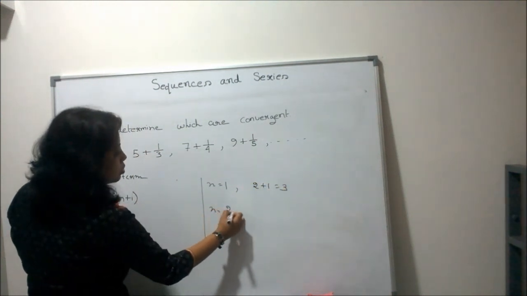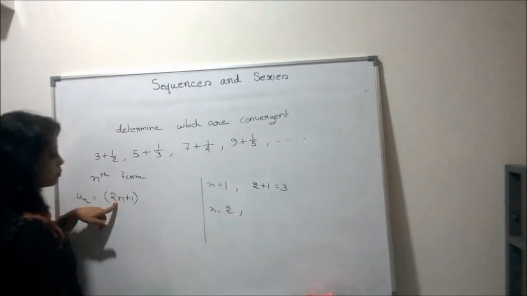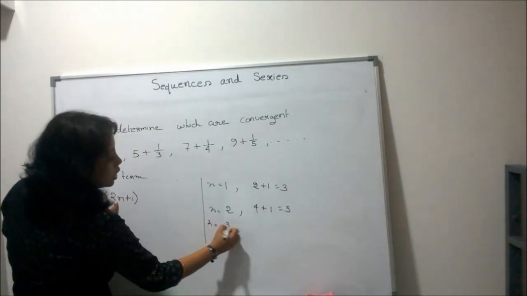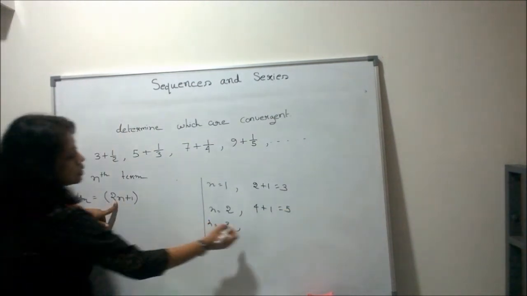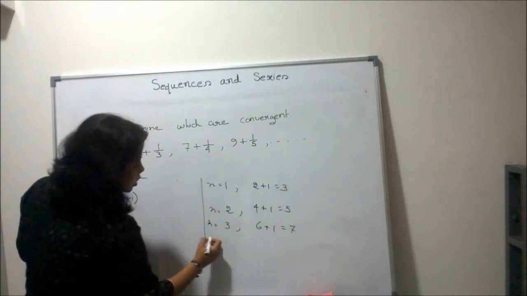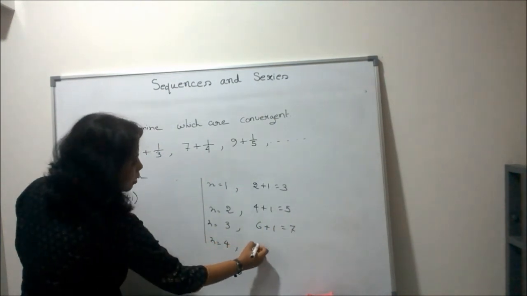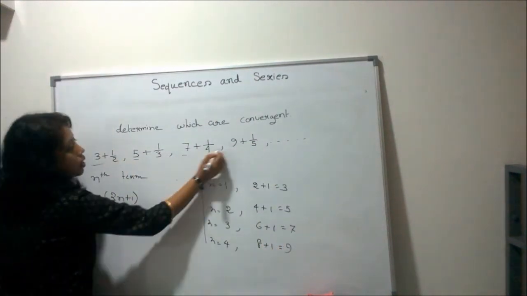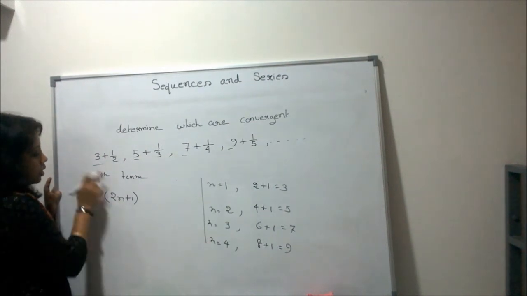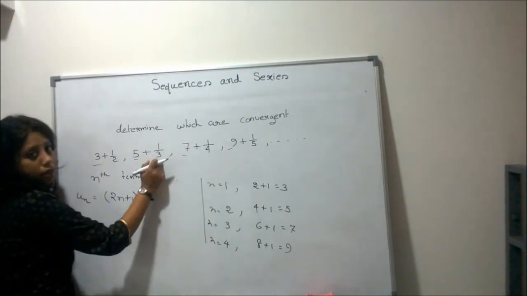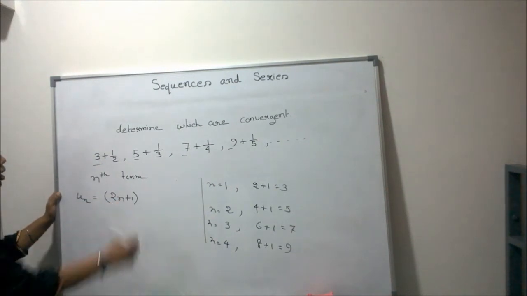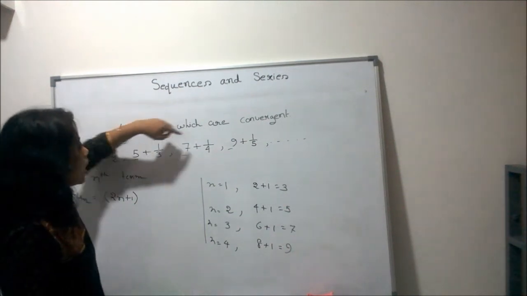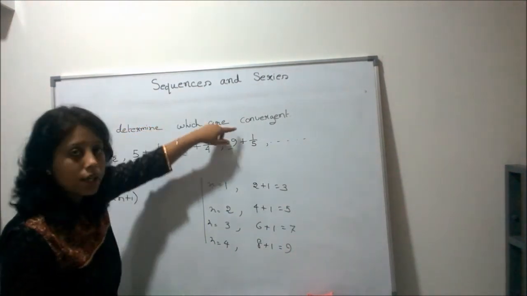When we put n is equal to 2, it becomes 4 plus 1, that is 5. n is equal to 3, that becomes 6 plus 1, 7. n is equal to 4, that becomes 8 plus 1, 9. So in this way we have got all of these. So it satisfies all this part. Now we have to consider this one, in this term, in which form it is.